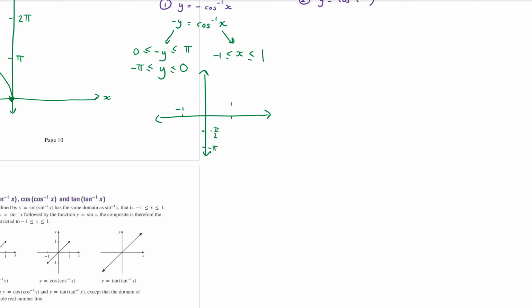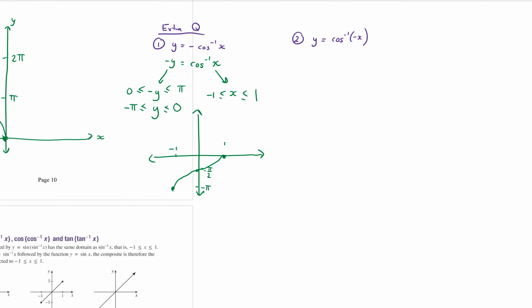They are my first two coordinates, -1, minus pi. It starts down here. Then it would be in the middle, and then it would be 0 with the 1, 0, 1, like that. So what that does, it's reflected my curve upside down. It's reflected it over the x-axis when I put that minus sign in front of my inverse cos.